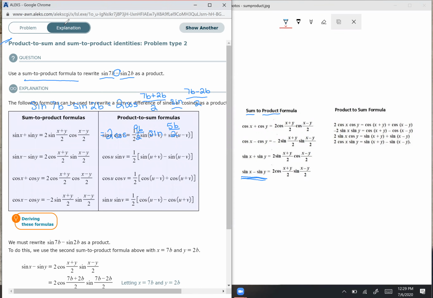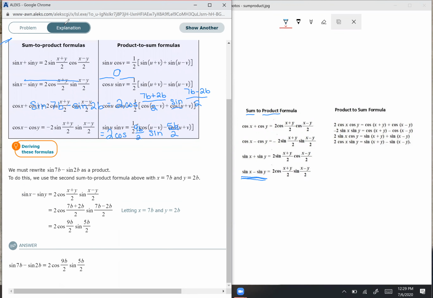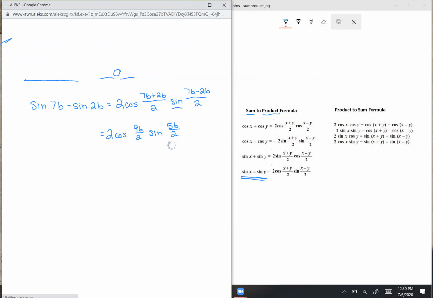So let's look down. Yeah, look, guys. They just write it exactly like we wrote it here. So 2 cosine 9b over 2 sine 5b over 2. There's nowhere else we can go with that. So these are probably on the easier side of the problems that you do for this section. Let's look at another one.